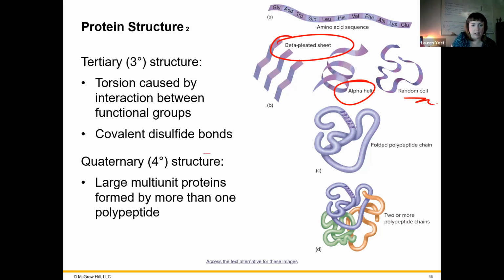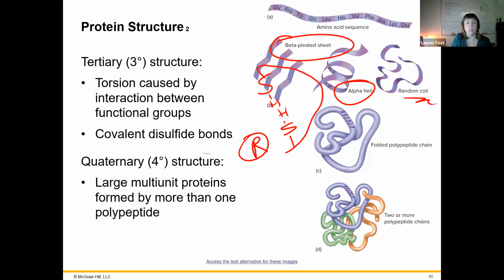Sulfur groups are hanging out as part of the R groups. So one part might have a sulfur, which normally has a hydrogen, and another side might have a sulfur, which normally has a hydrogen. So our protein is all folded over, and then these sulfurs interact with one another.